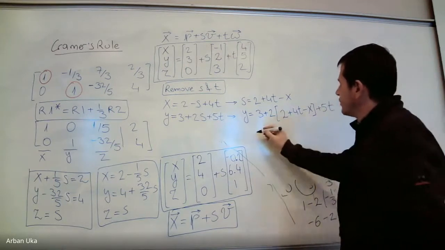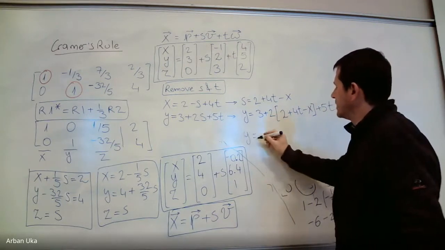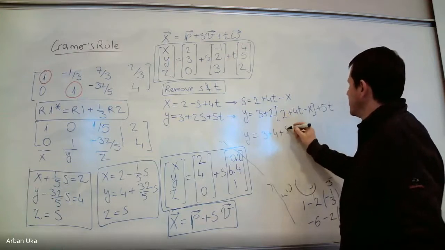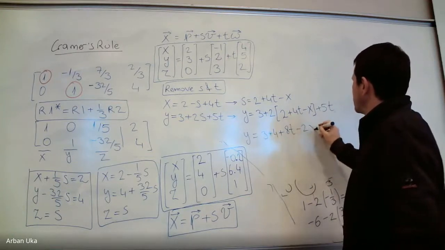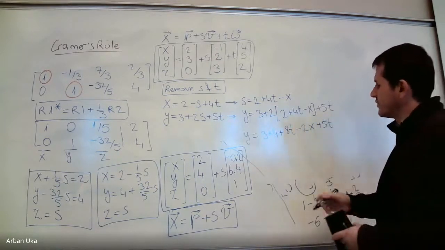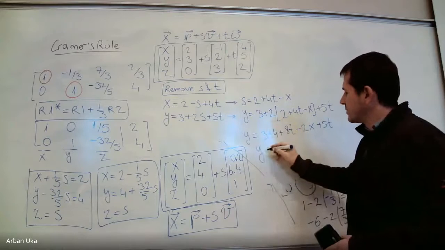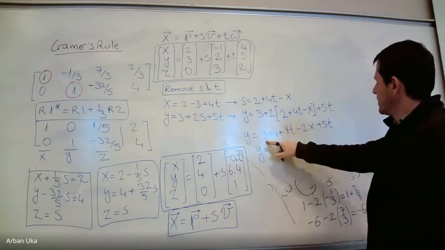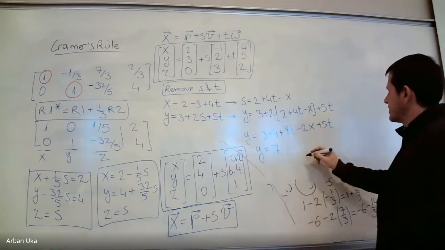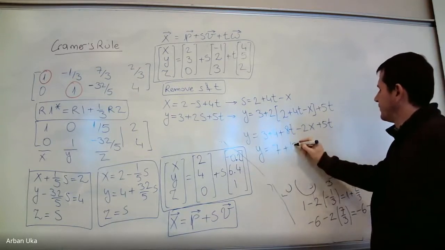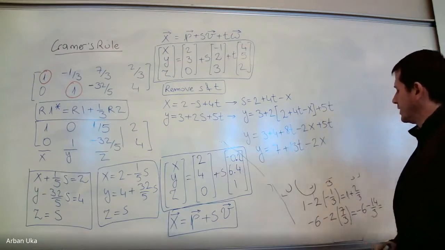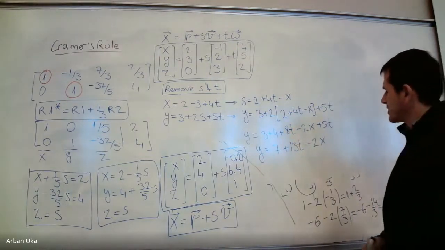Then we can move a little further. We can say that y is equal to 3 plus 4 plus 8t minus 2x plus 5t. Right? It's simple, we just follow the procedure. We can simplify it a little further. We have here 3 plus 4, this is 7. Then the next step is the following.